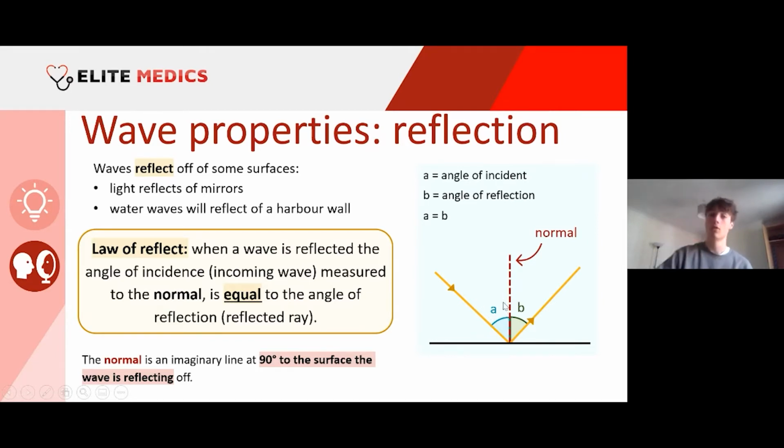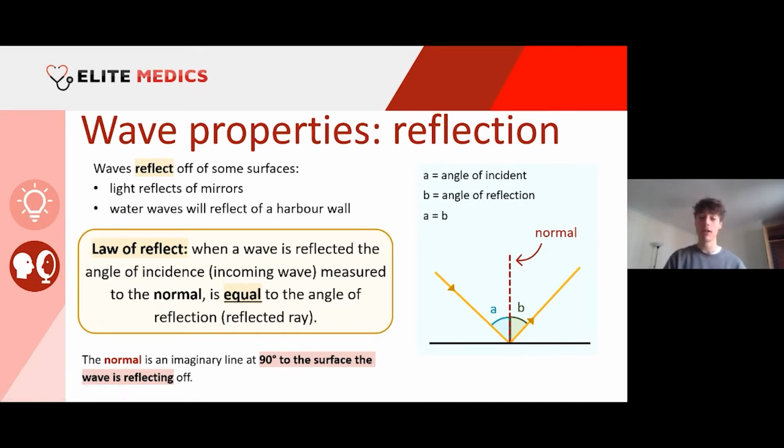Remember, the normal is an imaginary line that we draw just to visualize the situation and draw the ray diagram better. So imagine a line at 90 degrees to the surface, which we draw where the light ray touches the surface.